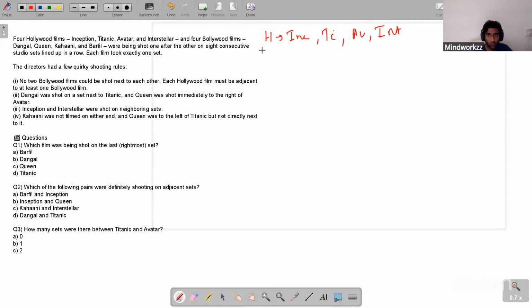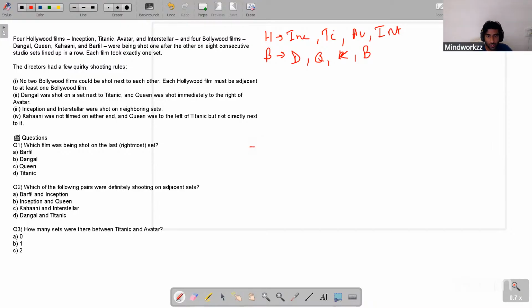These four Hollywood films and four Bollywood films: Dangal, Queen, Kahani, and Barfi. These films were being shot, filmed one after the other on 8 consecutive studio sets lined up in a row. So there were 8 consecutive studio sets.